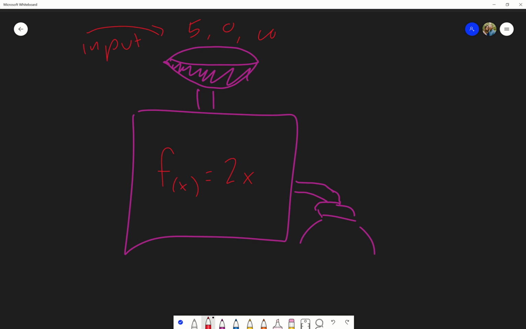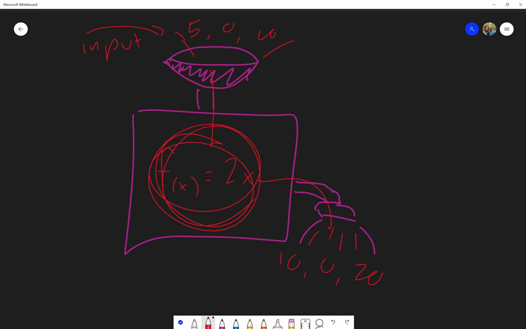We put our x values in, and they get mixed into this equation. Then the things that come out of it, like 10, 0, and 20, are what we solve based upon those x values. They go in here, get mixed up into our equation, and come out with the answer.